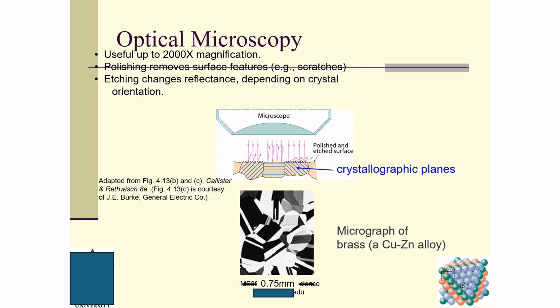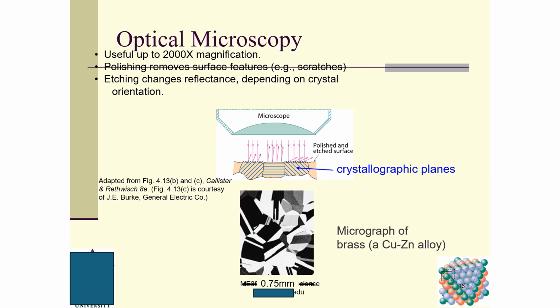So here is a polished and etched surface. These are crystallographic planes. Here is what we see using an optical microscope.